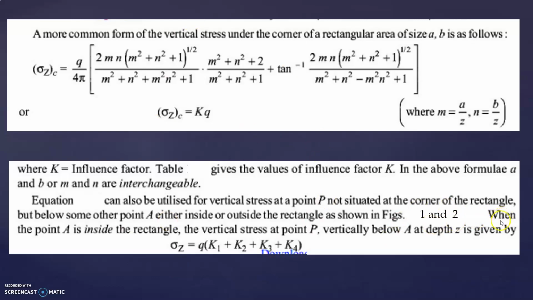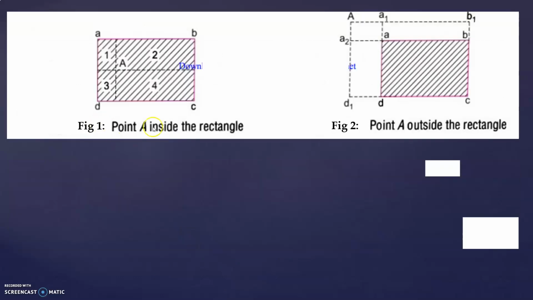When the point A is inside the rectangle, the vertical stress at point P vertically below at a depth z is given by this equation: sigma z is equal to q into (k1 plus k2 plus k3 plus k4). This equation can be used when the point A is inside the rectangle, as in this case.